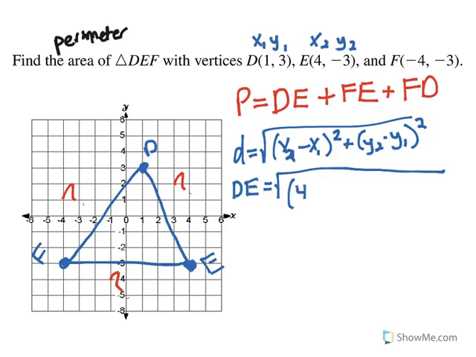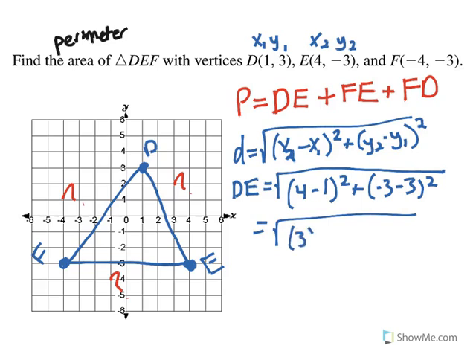So that means I'm going to have 4 minus 1 squared plus negative 3 minus 3 squared. I'm going to solve, so I'm going to get 3 squared plus negative 6 squared, and so on.